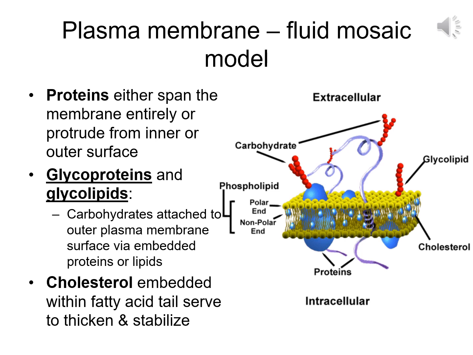These proteins are very important because they can often serve as attachment points, and those that span the entire membrane can serve as doorways for things to get in and out. We also have lots of glycoproteins and glycolipids that attach to the surface. Lastly, cholesterol is embedded with the fatty acid tails, and this gives a thickening and stabilizing effect to that membrane.